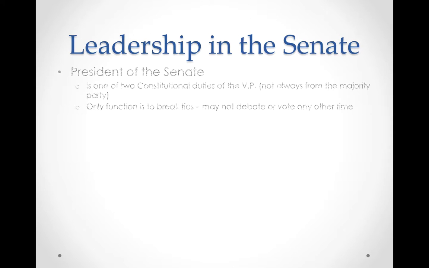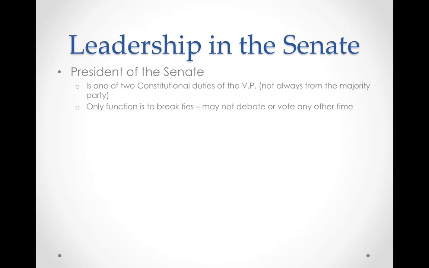Leadership in the Senate, you have the president of the Senate. This is not the most influential member in the Senate. In the Constitution, in Article 2, it gives the Vice President 2 constitutional duties, and one of those is to be the President of the Senate.